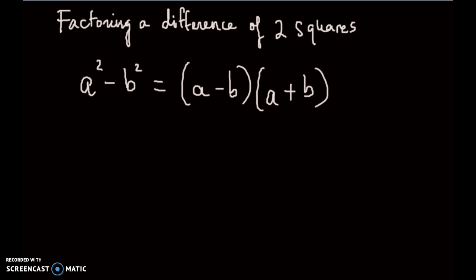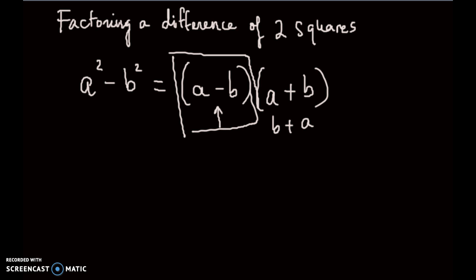But I highly recommend you to actually write a minus b first, because this term will give you the order of a and b. Whereas a plus b, you can write as b plus a. But from a minus b, you can find the order of the terms.